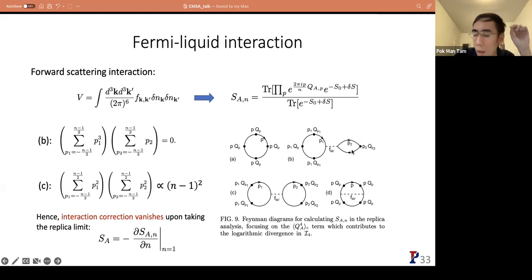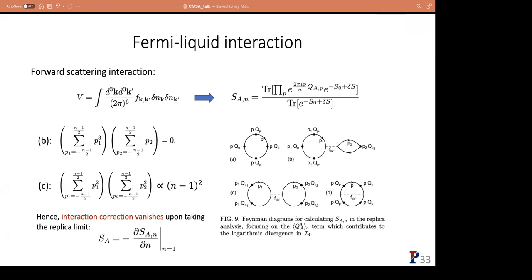For Q squared, you can also draw similar diagrams, and I think you will run into a similar problem that when you take n goes to 1, the interaction correction will be 0. But if we have only Q to the power 2, we just have n minus 1, which may not vanish when we take the limit of n equals 1.